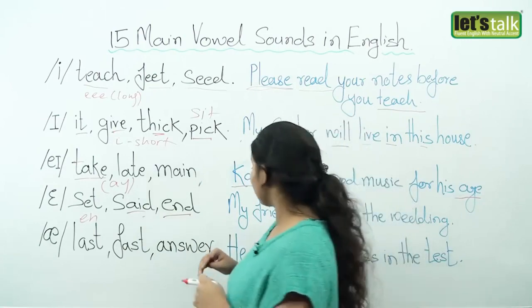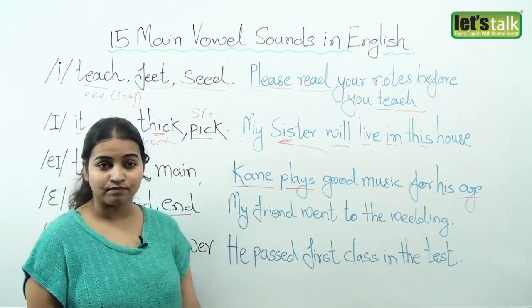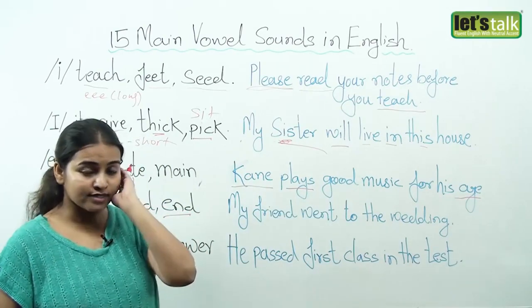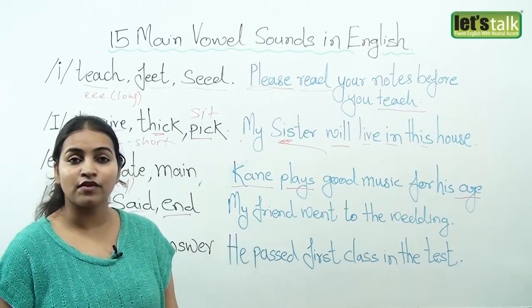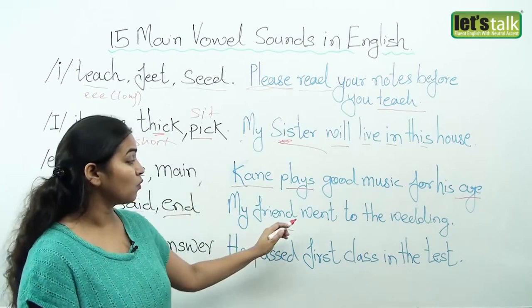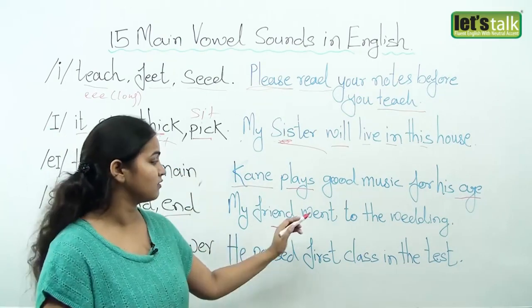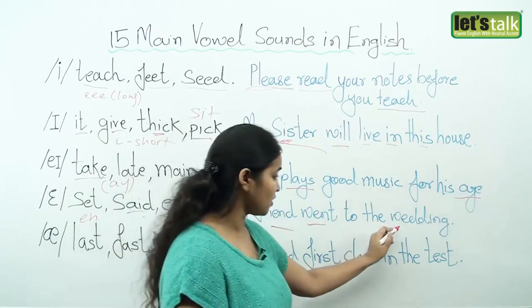For example, you have my friend went to the wedding. Let's look for the eh sound, okay? My friend, did I say friend? Eh, end, eh, went, to the wedding, that's right.